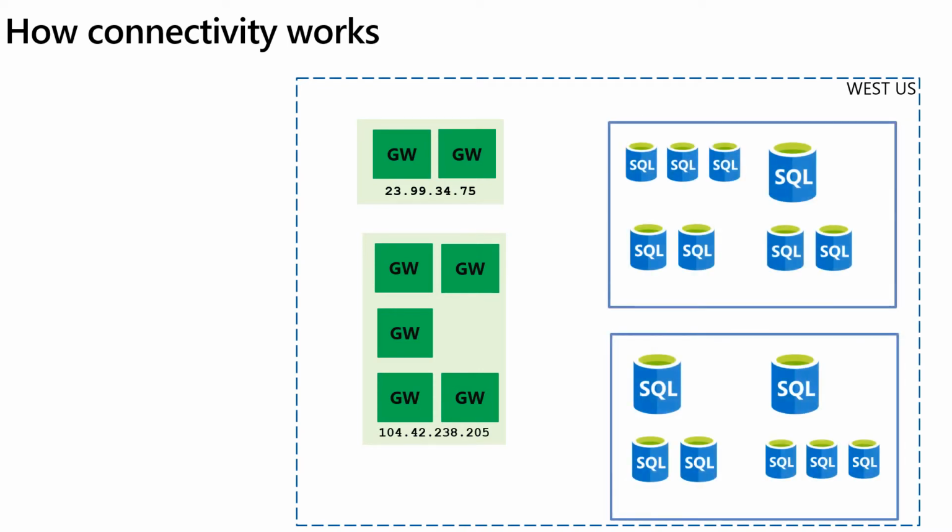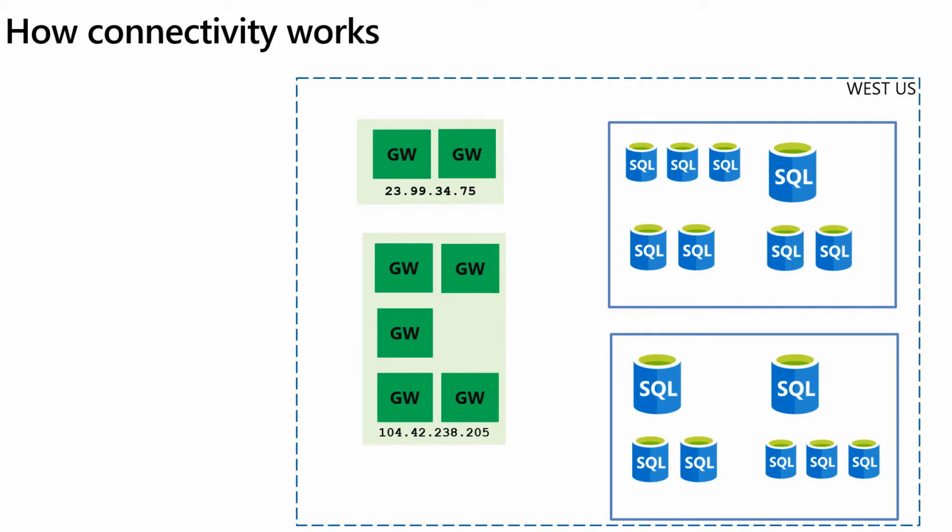Next, we have the actual SQL Server running in the backend nodes, and this is where your database is hosted. The backend nodes are not visible to the end customer, and they are typically running in the private IP address space for the data center.